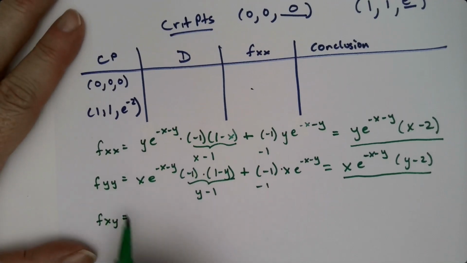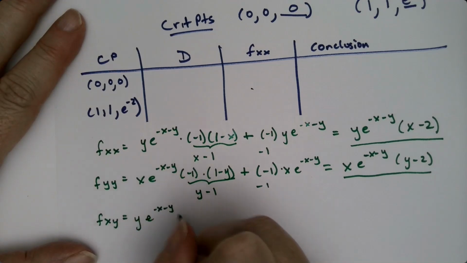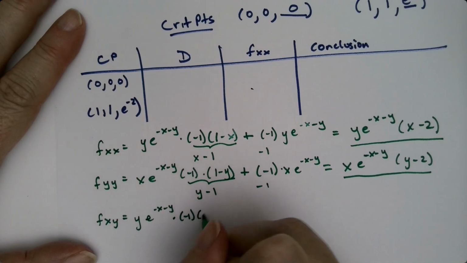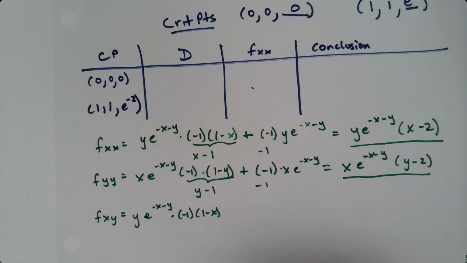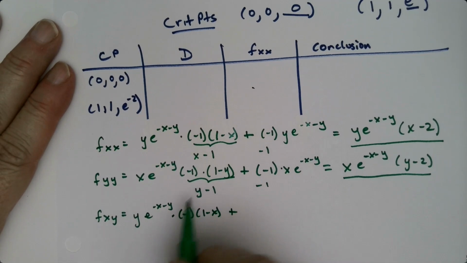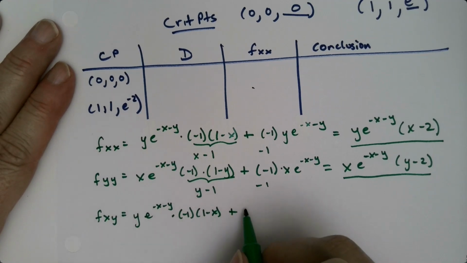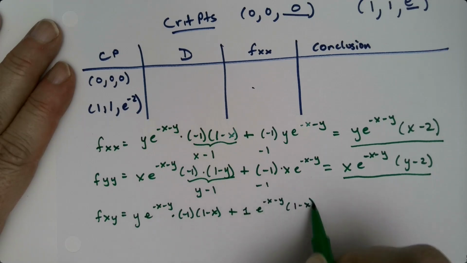All right, so that would be y, and then the derivative of the interior part is e to the negative x minus y times negative 1, and then we just have a 1 minus x sitting there, right? So it's like a constant as far as y is concerned. Plus, and then we have the derivative of y is 1, and then leave the e to the negative x minus y times 1 minus x there.